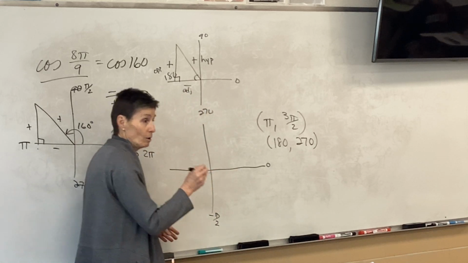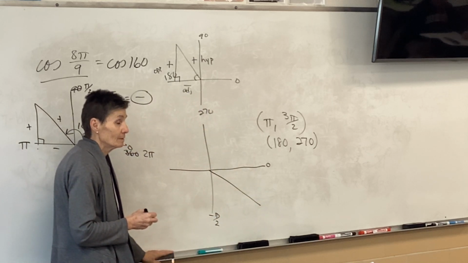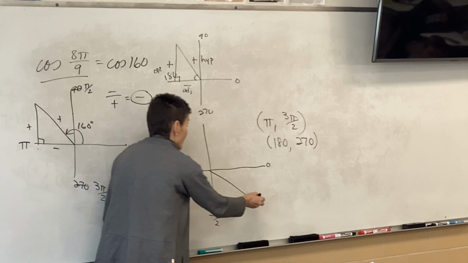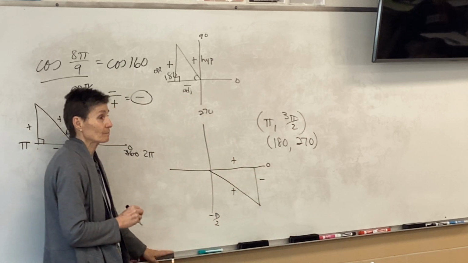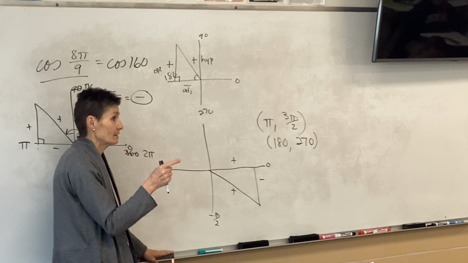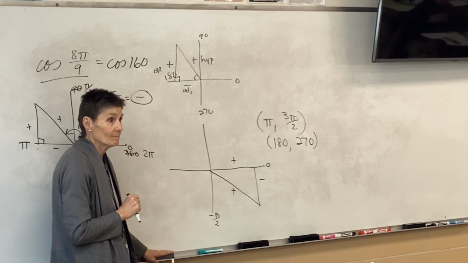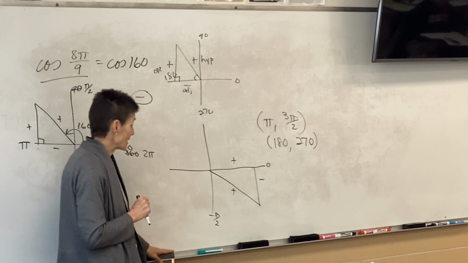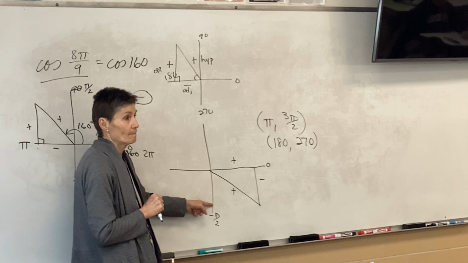Smaller. So this angle is in quadrant 4. Positive, negative, positive. 1/7 is smaller than 1/2. That's why it only made it this far. It didn't make it all the way to a half.